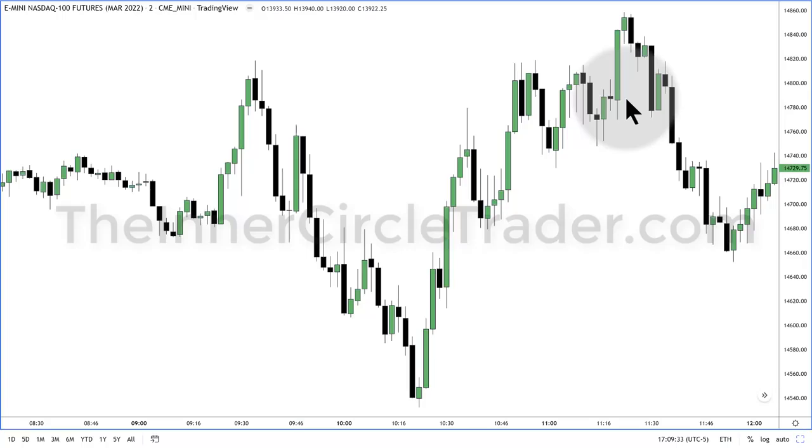This is that same particular day. Here's those relative equal highs, and this run down here. If you recall, 14,600 and around 14,860 or so.